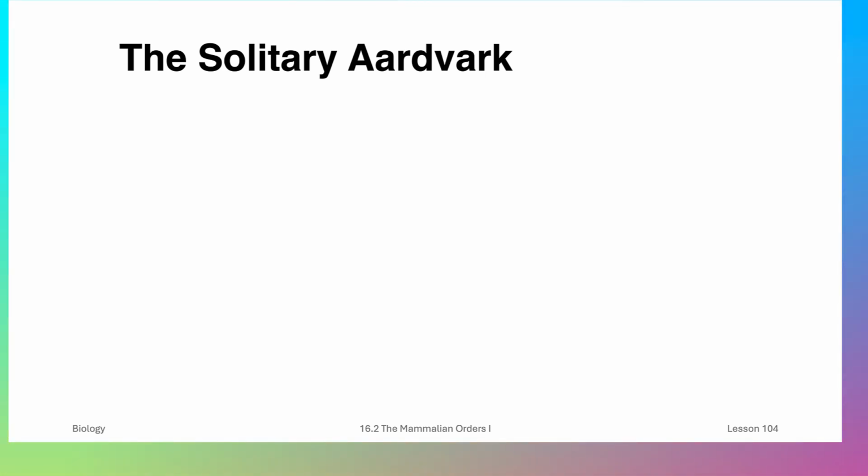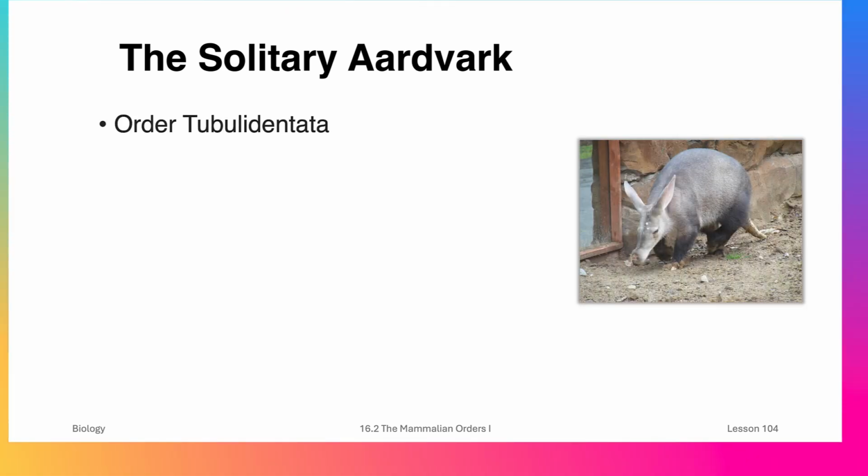We're going to go through some various mammals, and we'll take a break here in just a minute, but we're going to go through some various mammals and talk about different aspects of these mammals. The first of these is the solitary aardvark. This is the order. Now, remember, we had phylum, subphylum. The next step down is order.